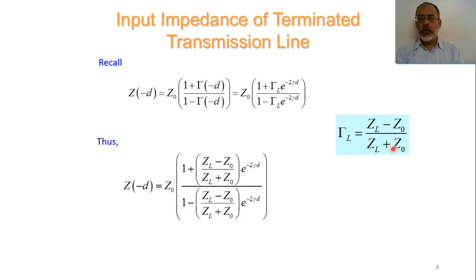Okay, so we are going to replace this gamma L by the ratio Z load minus Z naught over Z load plus Z naught.